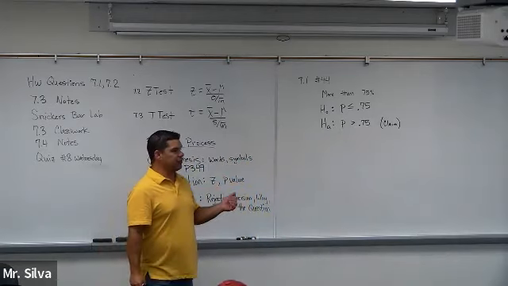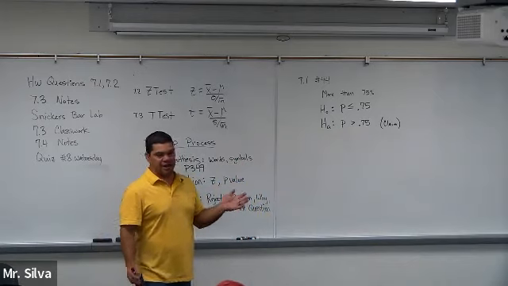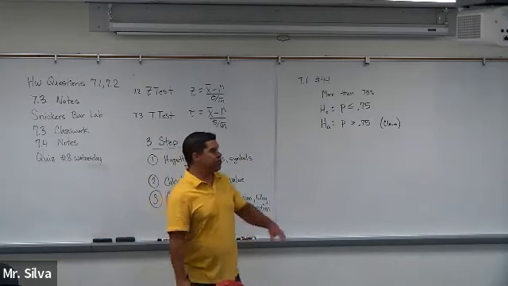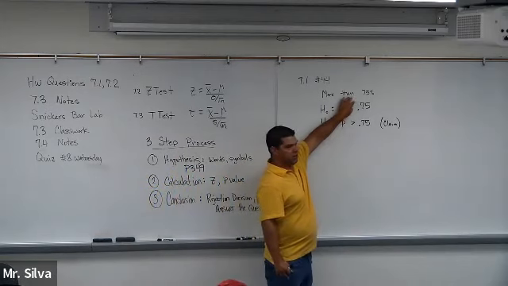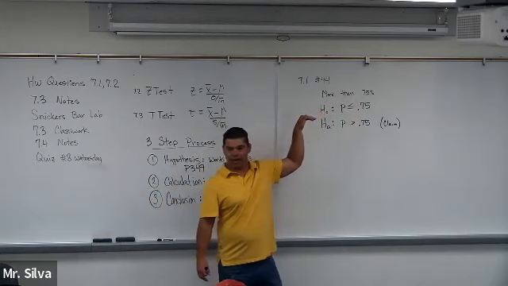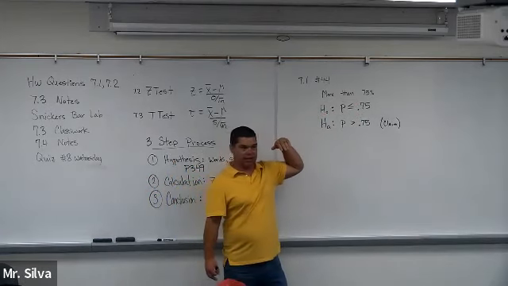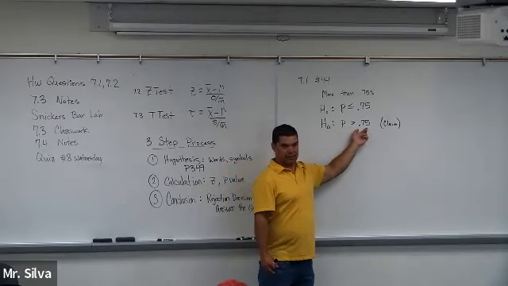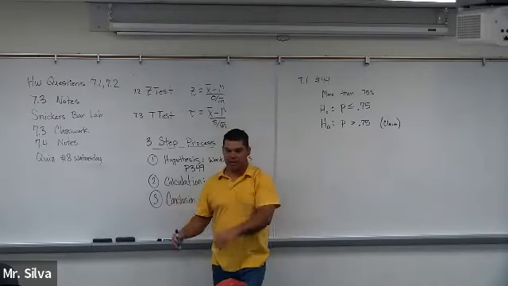One of the things that you'll see in other textbooks or in other classes, some teachers teach it a certain way. They'll just put an equal sign here in your HO. Your HO is always going to have an equal sign because our measurement is comparing 75% to some value from sample data.